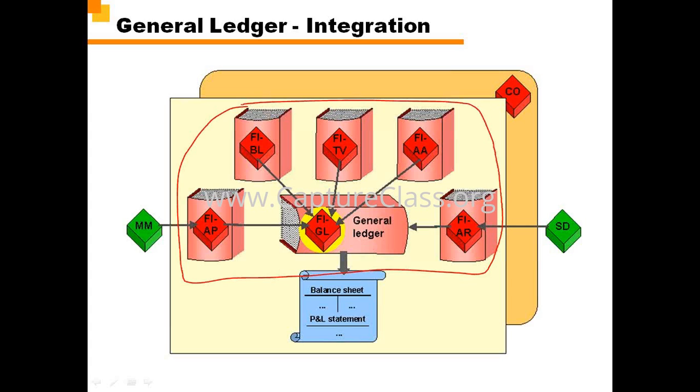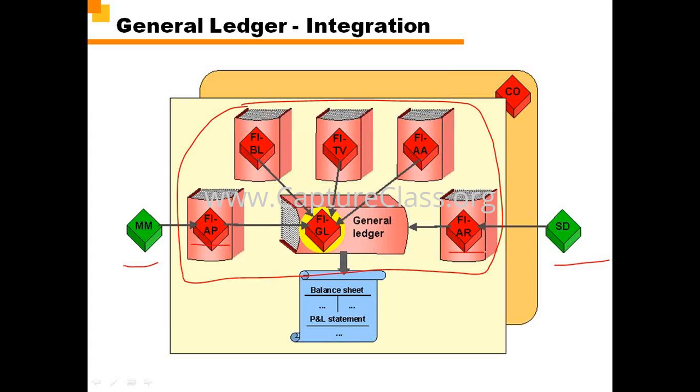All these submodules of FI are integrated with the general ledger. Out of this pink color box, we have SD, that is sales and distribution, and materials management. The materials management is integrated with the general ledger through accounts payable, and the sales and distribution is integrated with the general ledger through AR, accounts receivable.